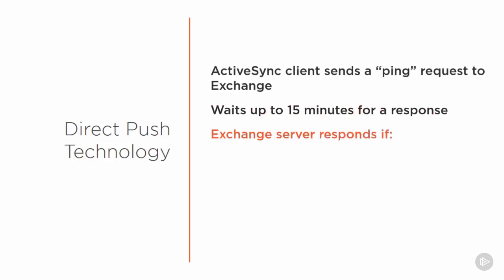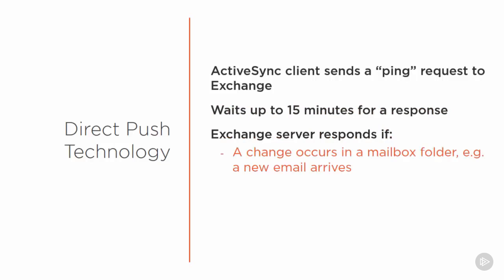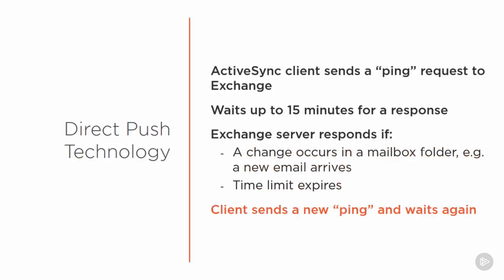The Exchange server will respond to the client if either a change occurs in the mailbox, so for example a new email message arrives, or that time limit expires and the client needs to send a new ping and then wait again. And the way that direct push works, using that hanging connection and then the server responding immediately if there's a change in a mailbox folder, is what makes ActiveSync appear to be almost instantaneous when new mailbox items arrive.